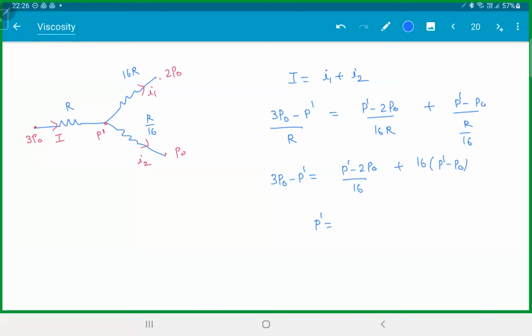Numbers are quite bad. She got a very big number, 302 by 256 P naught, it seems. Check. I hope the steps are clear.